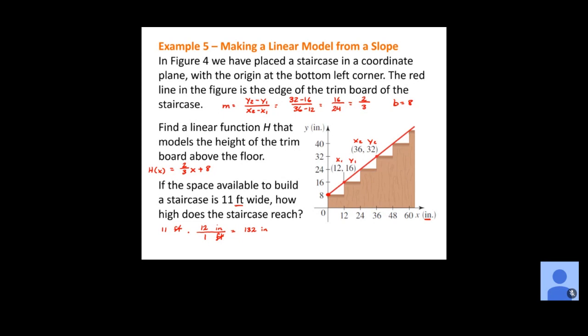All right, now that we have 132 inches, now we can substitute that into our function, right? So we're looking for h of 132. So we've got 2/3 times 132 plus 8. And so what's that going to give us?